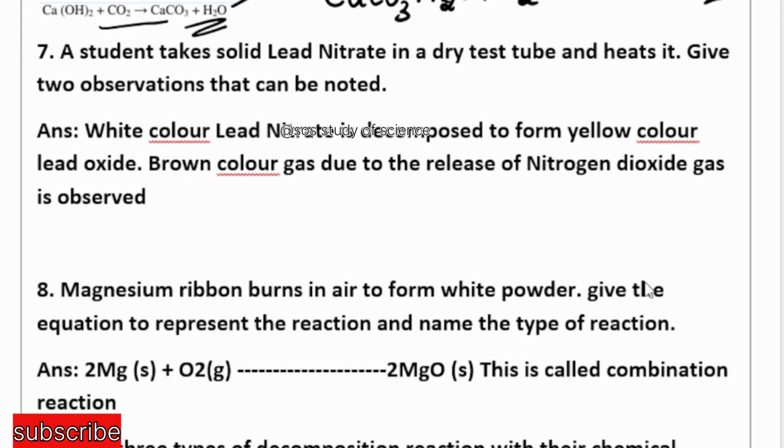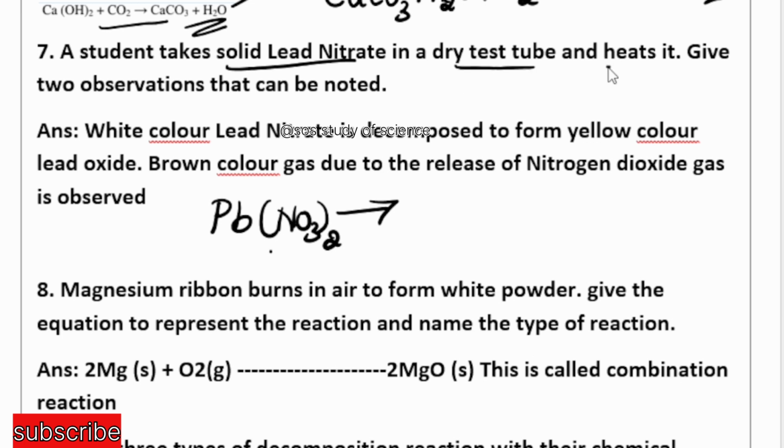The next question is, my dear students, a student takes solid lead nitrate. Based on this, definitely you can expect one question. What is the formula of lead nitrate? The formula of lead nitrate is Pb(NO3)2. I have taken lead nitrate in a dry test tube and heated it. Heated means you write this symbol. What is the observation?